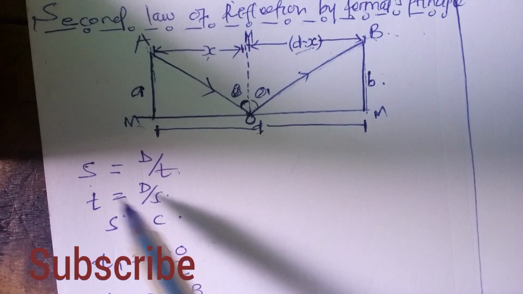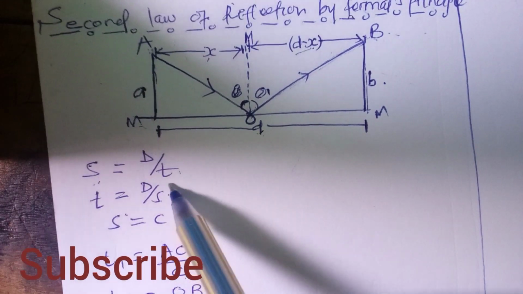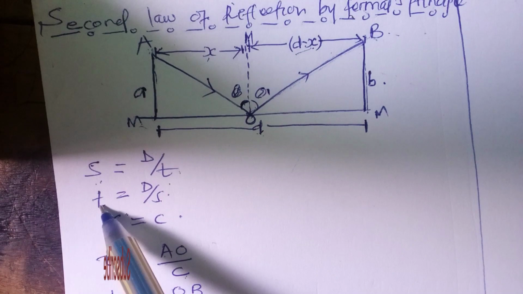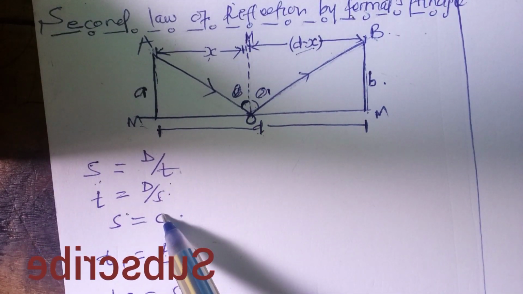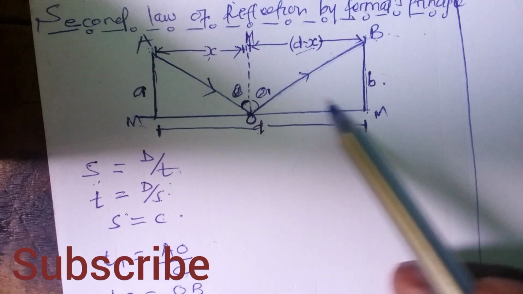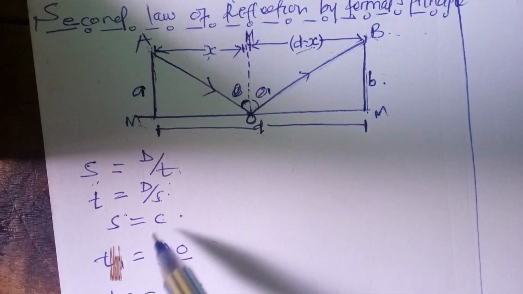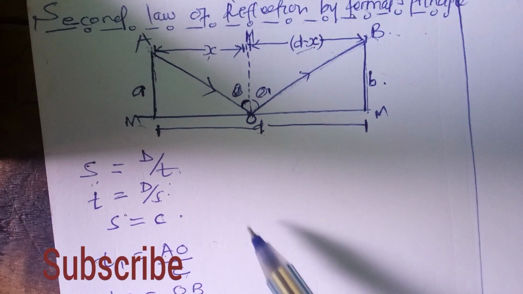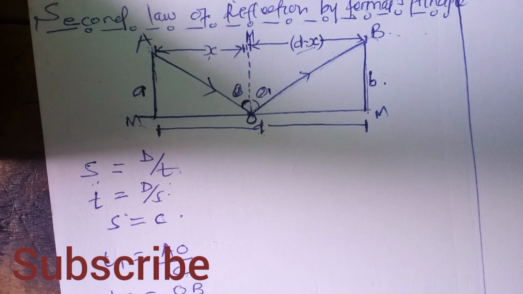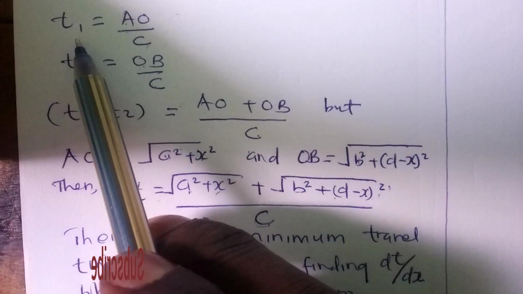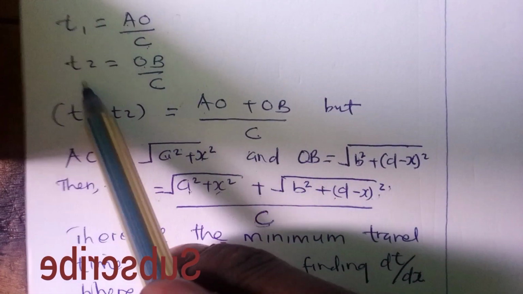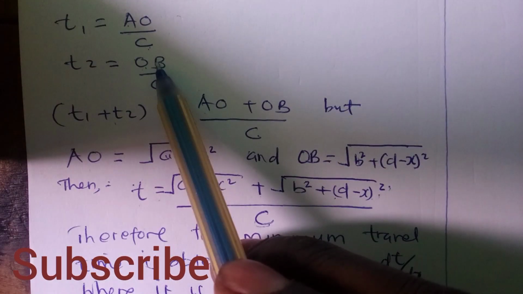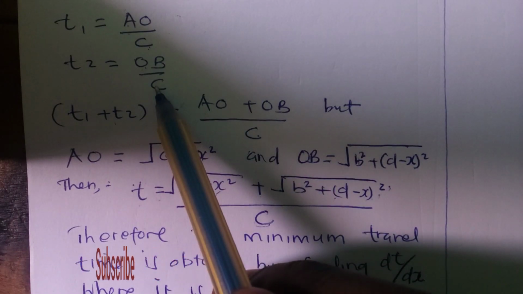From our knowledge, speed is equal to distance over time. So it means that time will be distance over speed. Here our speed will be represented as c, the speed of light in this medium. So from that point, we can take T1 equals AO over c, and T2 equals OB over c.